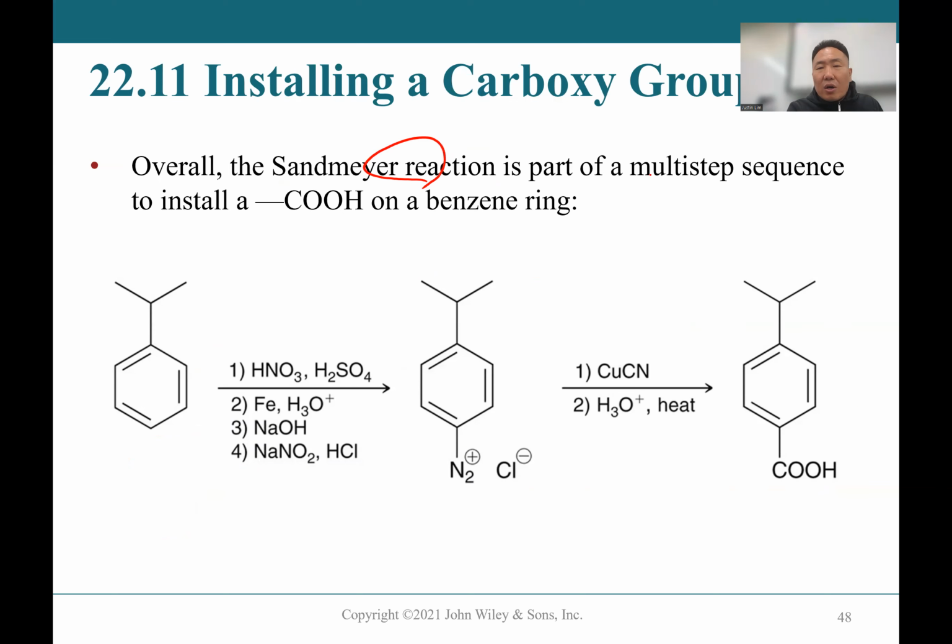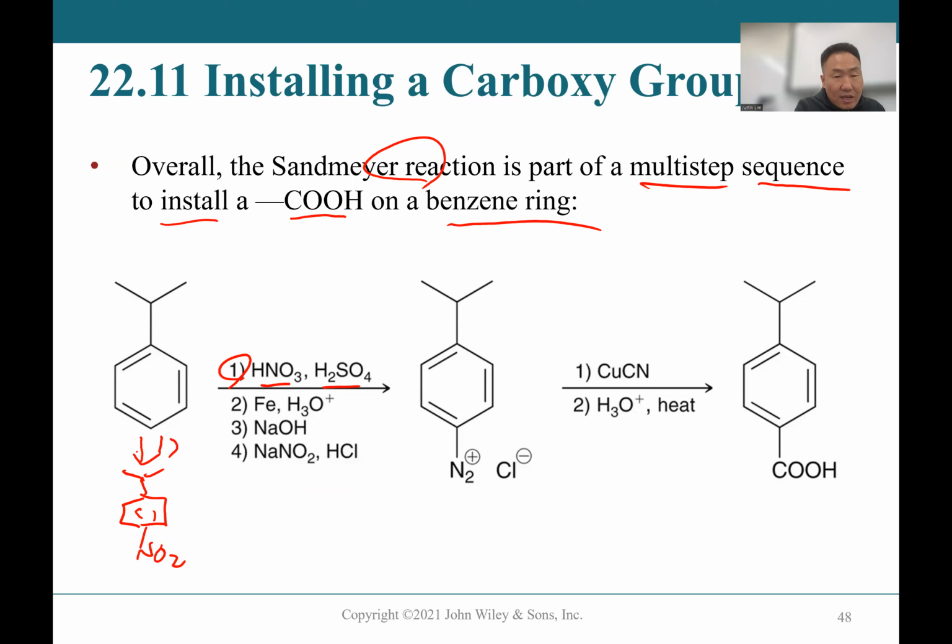The Sandmeyer reaction is part of a multi-step sequence to install a carboxylic acid on a benzene ring. Step 1, when you use nitric acid and sulfuric acid, you get the nitrated product. Steps 2 and 3, you can see reduction to NH2.